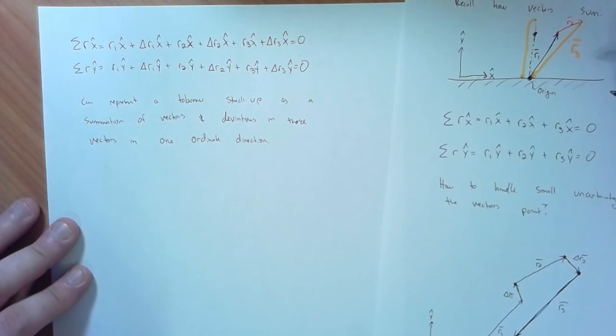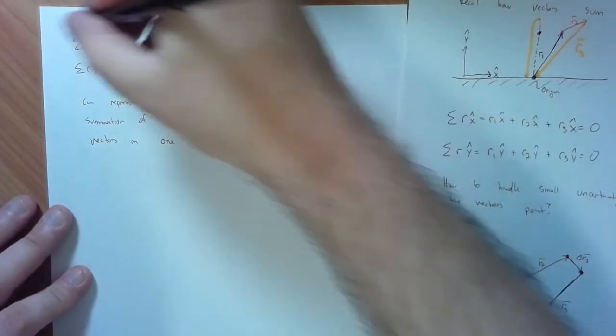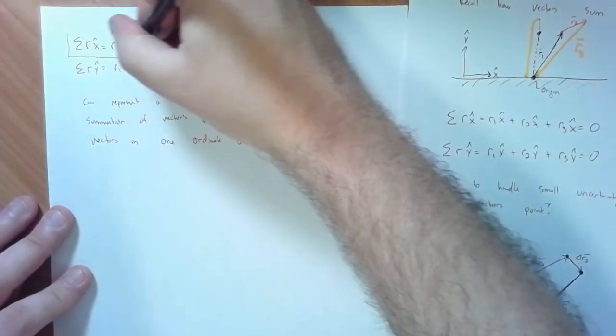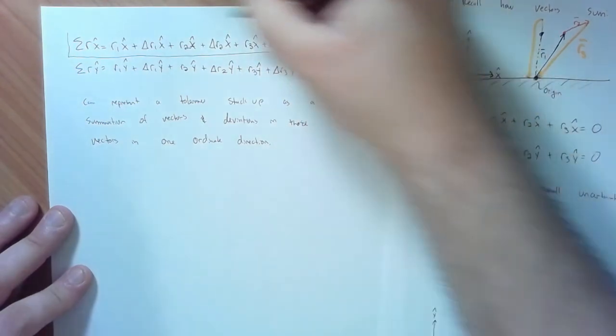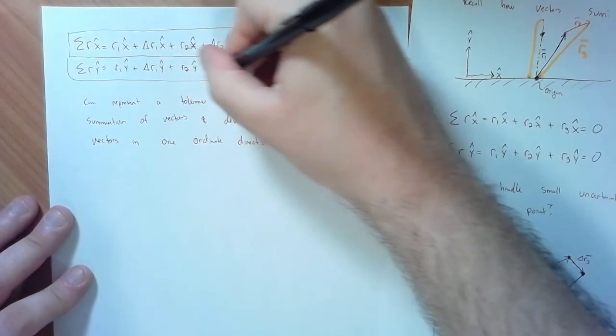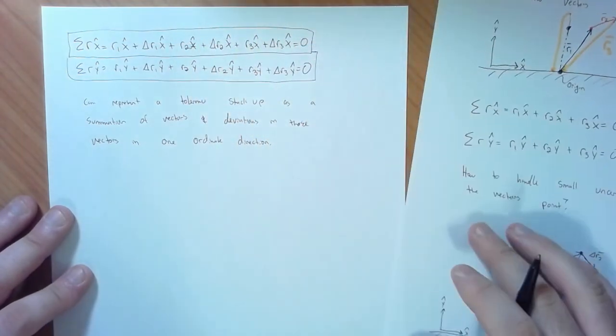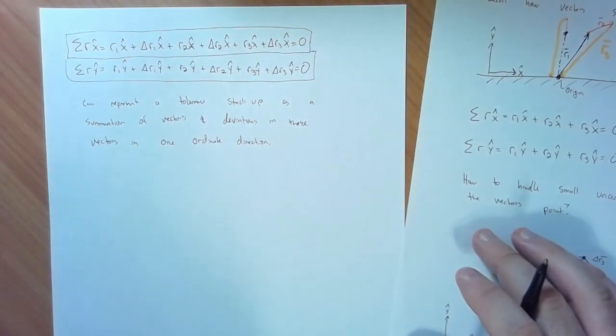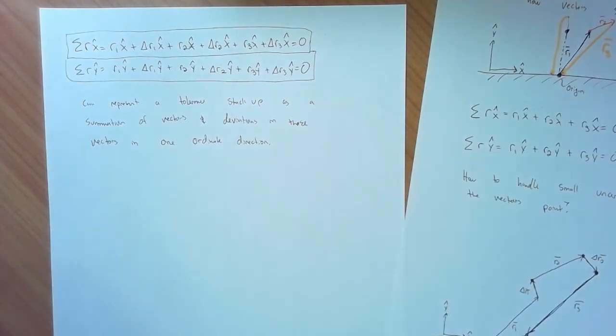Okay, so ultimately, we're going to use these two equations, this one in the x direction and this one in the y direction, to develop our tolerance loop equations. So that was the math that I wanted to show you.